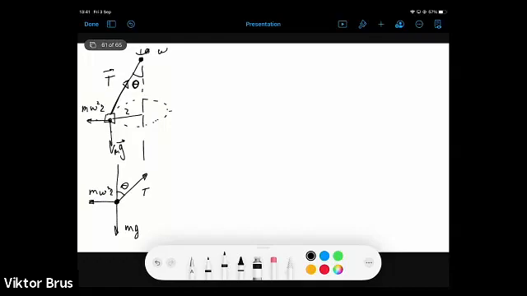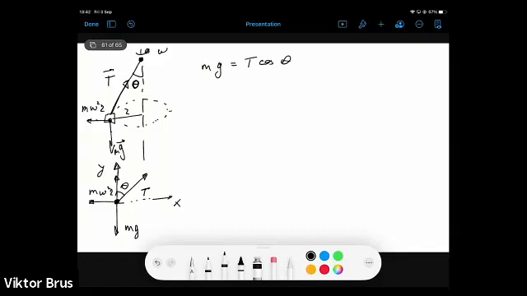In order to have this stationary condition, we need to compensate both projections of this tension T on, let's say, the X and Y axis with the respective weight and centrifugal force. So we can write for axis Y that mg should be equal to T times cosine theta.